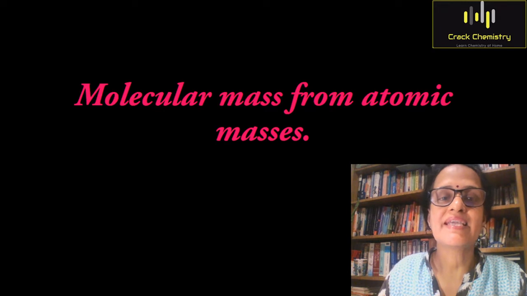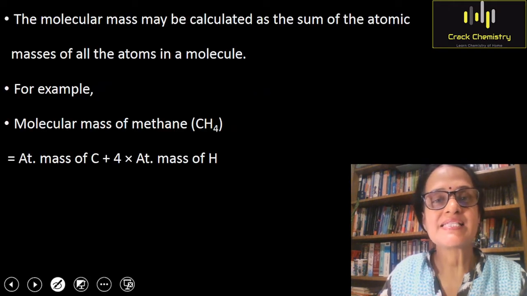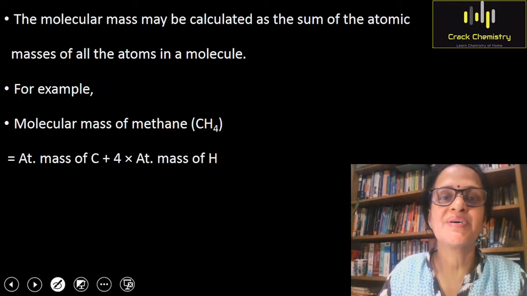Now we will learn the calculation of molecular mass from atomic masses. Students, we can calculate molecular mass of a substance by adding atomic masses of all the atoms present in it. For example, let's calculate the molecular mass of methane. Students, a molecule of methane can be represented by the formula CH4. So we can calculate molecular mass of methane by adding masses of all the atoms present in it.